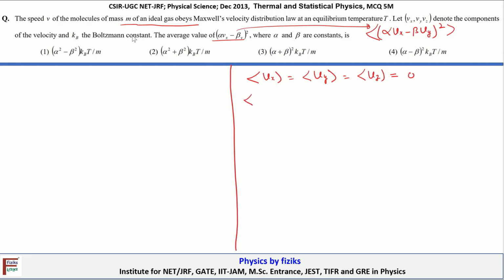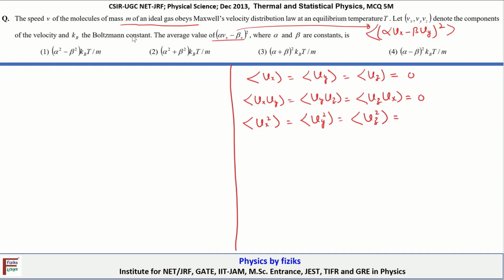Another two important results are their cross multiplications, Vx Vy average, equal to Vy Vz average, equal to Vz Vx average, and that is equal to 0. The third one is Vx square average, equal to Vy square average, equal to Vz square average, and that is equal to kT by m, where k is the Boltzmann constant.